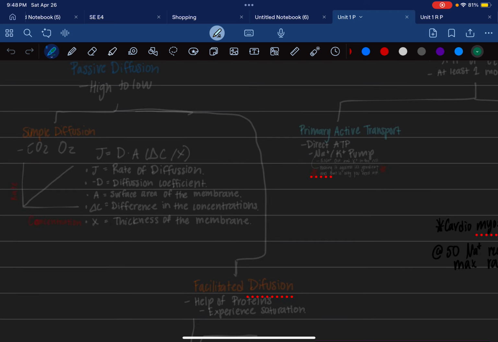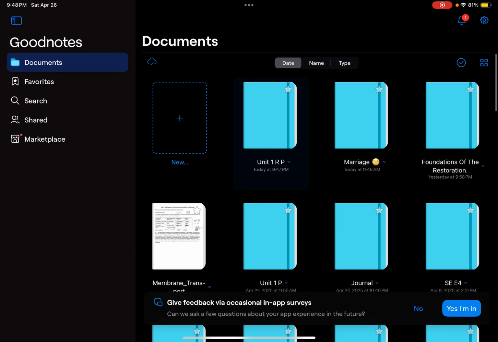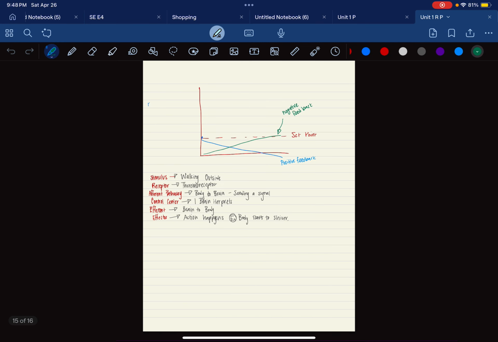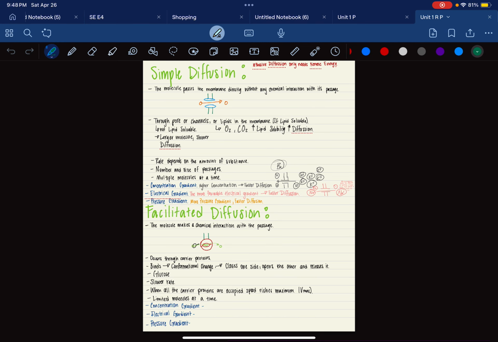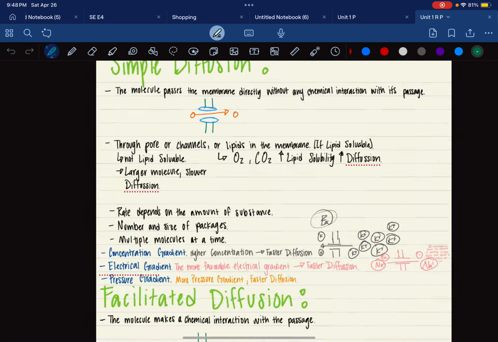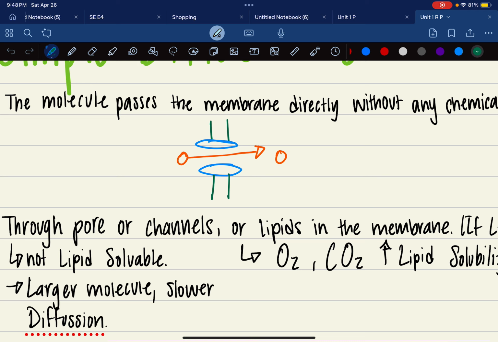So here we have passive, and then look, I can actually go back. And then there's two. So we have simple diffusion and facilitated diffusion. And so simple diffusion, this is the example right here. So this is the membrane right here. And then we have like a protein here that solutes are going through.